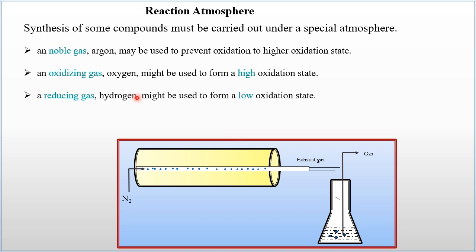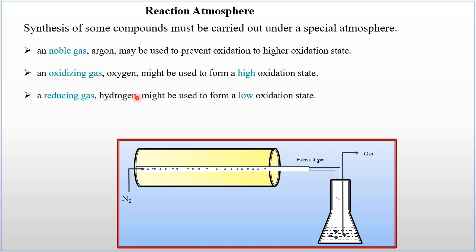So the third part of the setting of a reaction includes the consideration of the reaction atmosphere and how it can be controlled. Sometimes it is required that the compound must be formed under a special atmosphere.